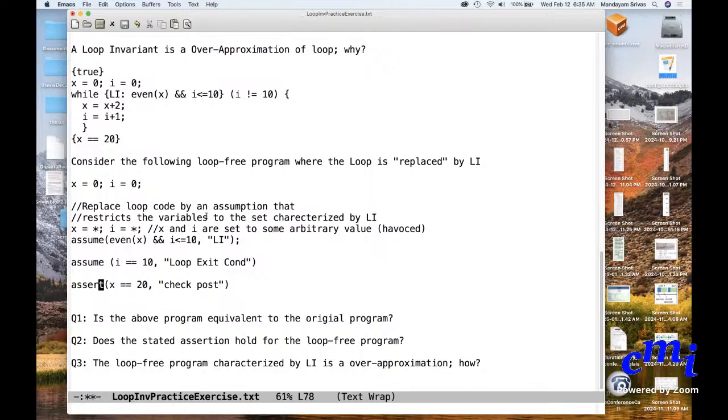And what you get there will be an over approximated program. But if the over approximated loop invariant is strong enough to prove your post property, then you are still able to prove the program correct. If it fails, then you have to look for ways to strengthen the loop invariant. So in that sense, a loop invariant is considered an over approximation. Okay, that's the point I wanted to make.